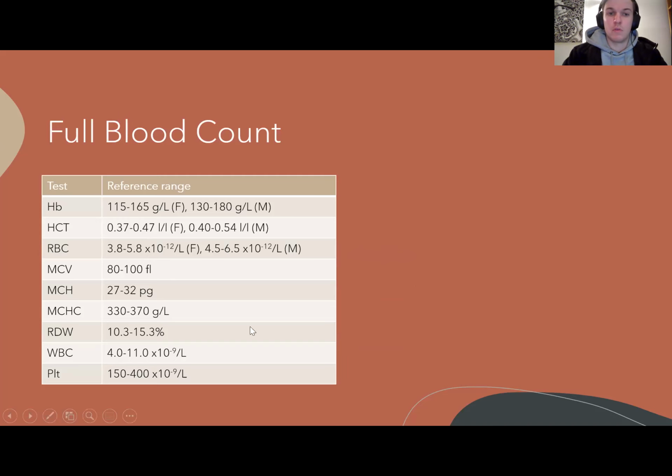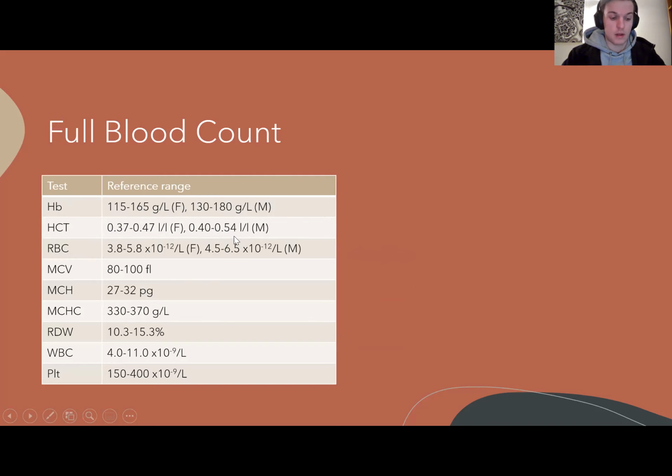In the full blood count, this is a selection of the things that will come up: hemoglobin level, which is what defines an anemia. We've also got the hematocrit, which is the volume, the percentage of red blood cells in whole blood.